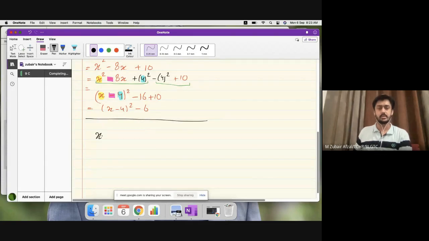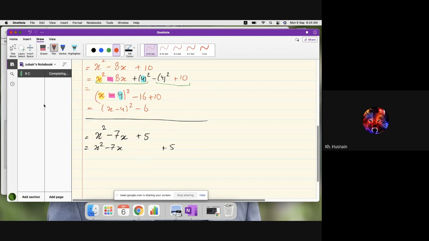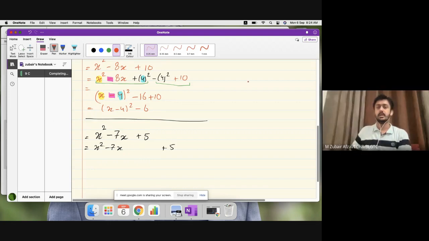Okay, let's do this. X square negative 7x plus 5. So what do we do is we write x square negative 7x. Which number to add and subtract? 3.5. That's right.